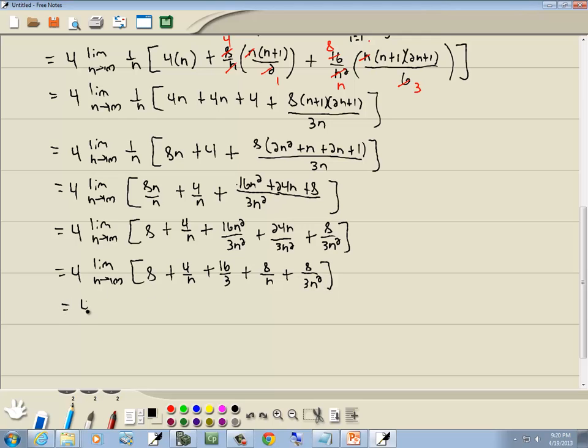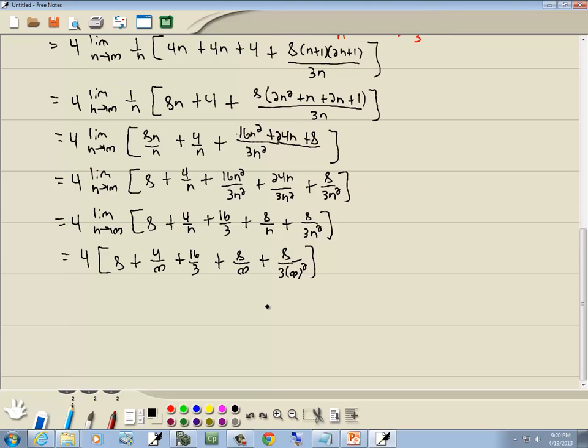Well, now we're ready to plug in our infinity. So we've got 8 plus 4 over infinity plus 16 thirds plus 8 over infinity plus 8 over 3 times infinity squared. Now all those that have infinity in the denominator are going to go to 0, so they're going to disappear.